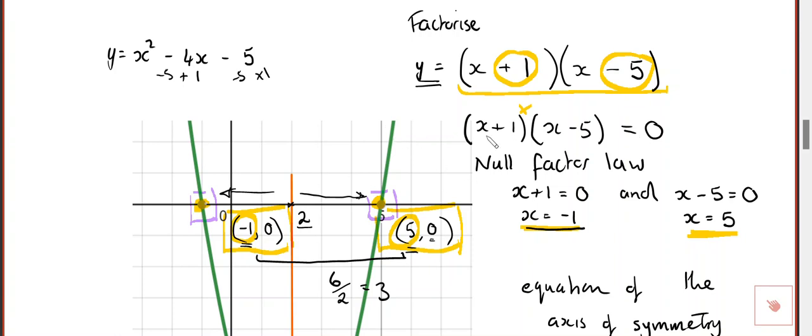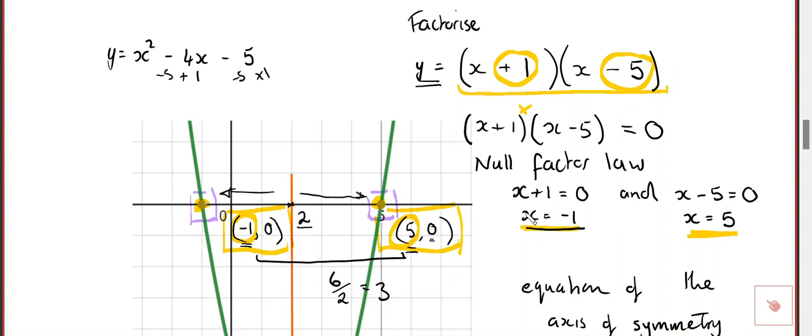So x plus 1 multiplied by x minus 5. For that to equal 0, which is this line here, there's 0 and 0, either x plus 1 has to equal 0, or x minus 5 has to equal 0. How do I make x plus 1 equal 0?